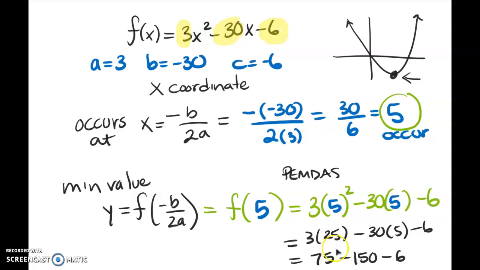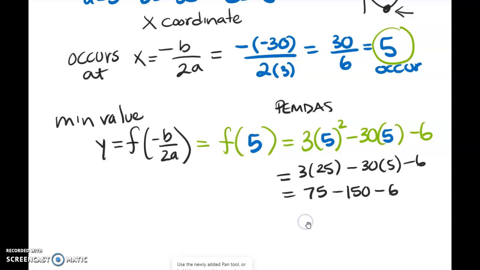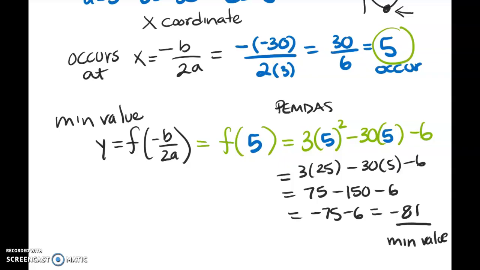And so I would end up with, going from left to right, negative 75 minus 6, or negative 81. So this would be the minimum value.